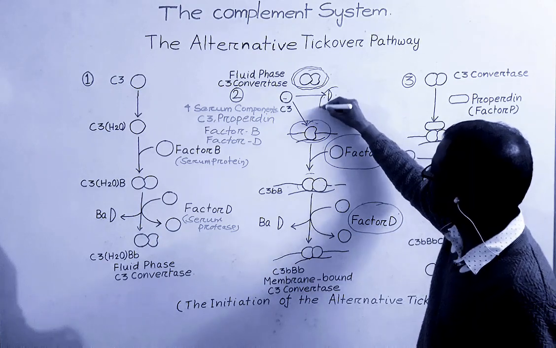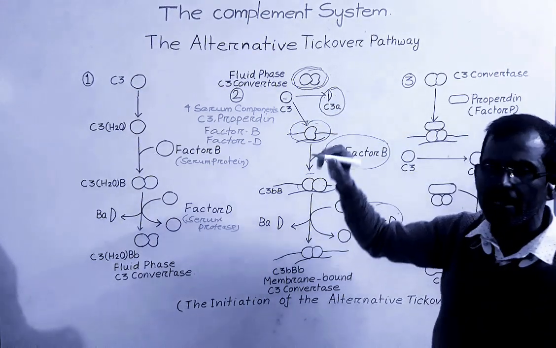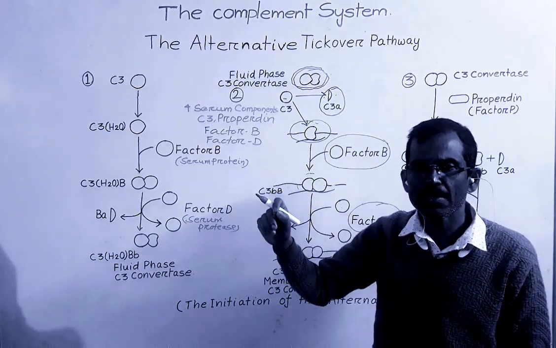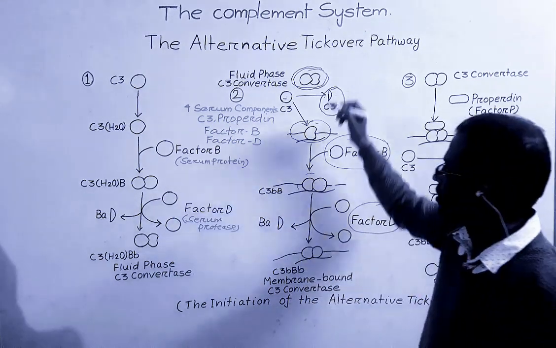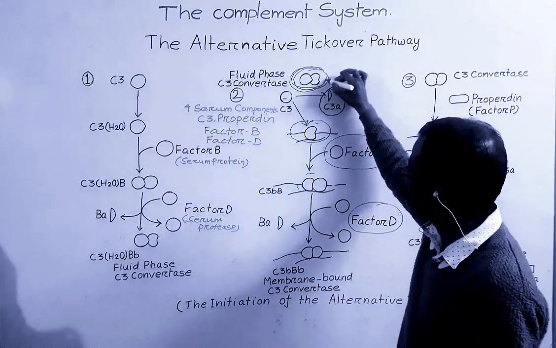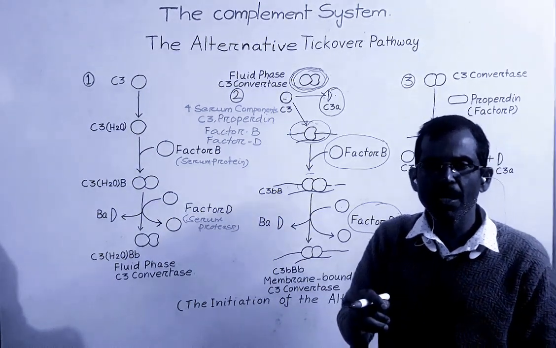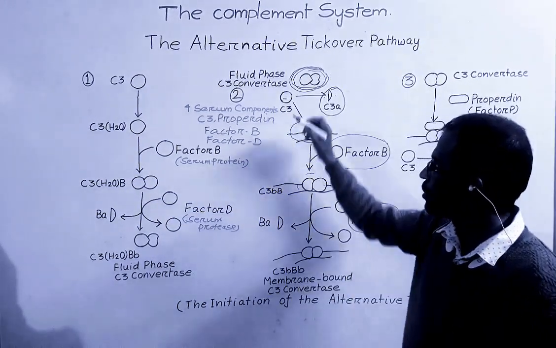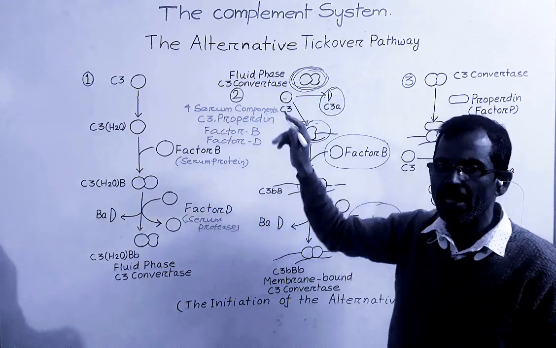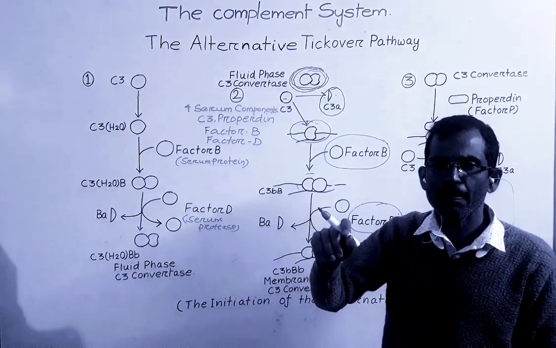The smaller fragment is C3a and the larger fragment is C3b. This initiating C3 convertase is constantly being made in plasma, cleaving a few molecules of C3 and is then rapidly degraded.